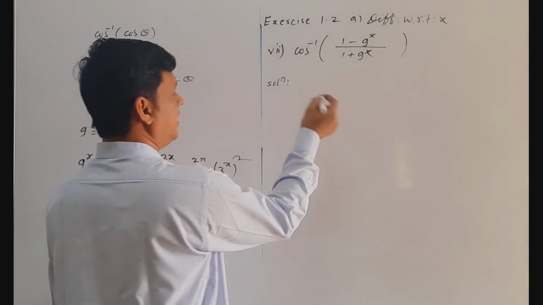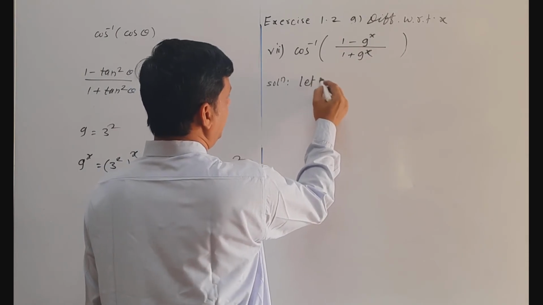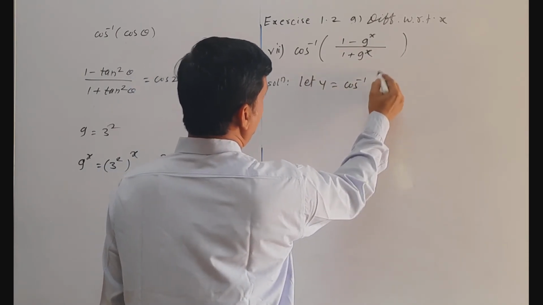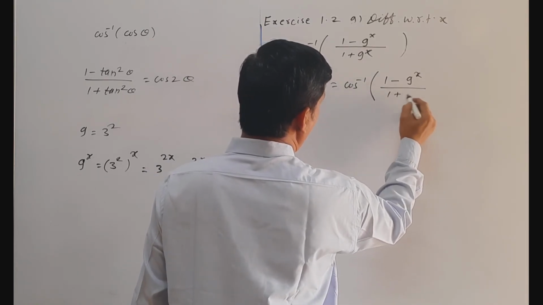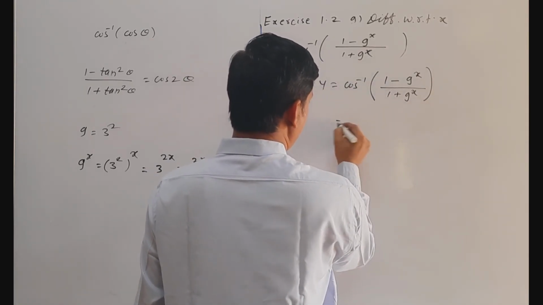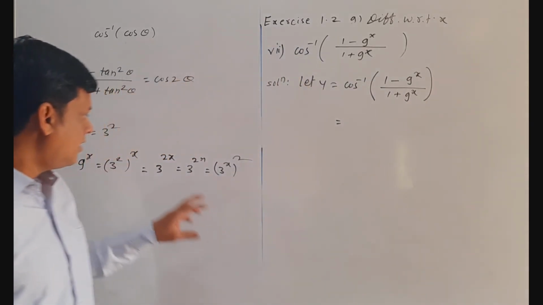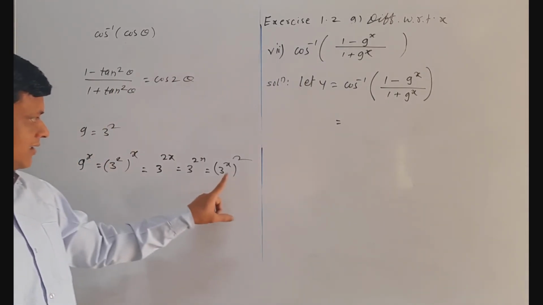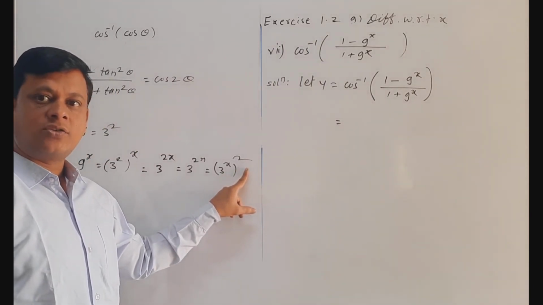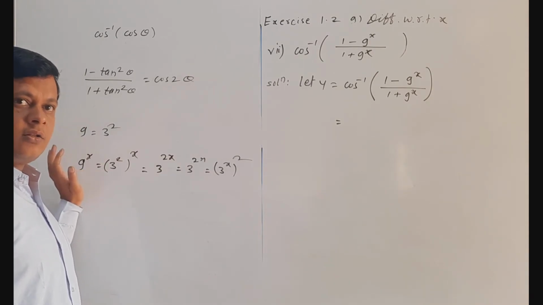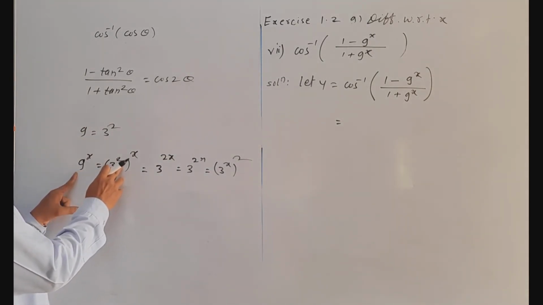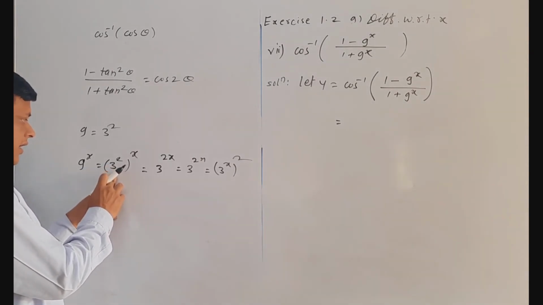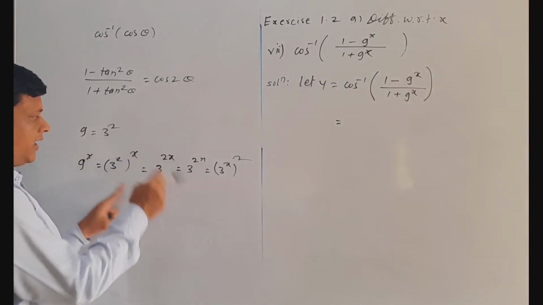So we write here in the solution, let y is equal to cos inverse of (1 minus 9 raised to the power x) upon (1 plus 9 raised to the power x). So we write this 9 raised to the power x as (3 raised to the power x) bracket square. See again what we have to do here. 9 can be written as 3 square, so we write (3 square) bracket raised to the power x.